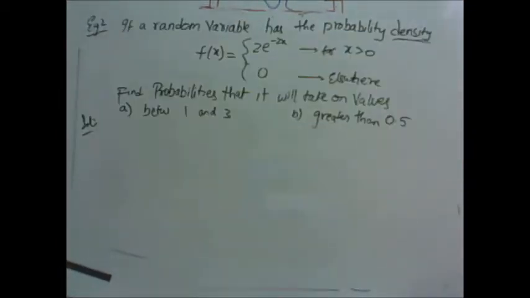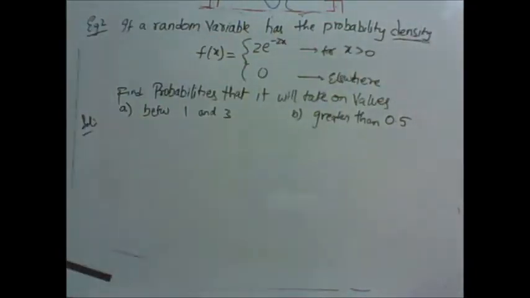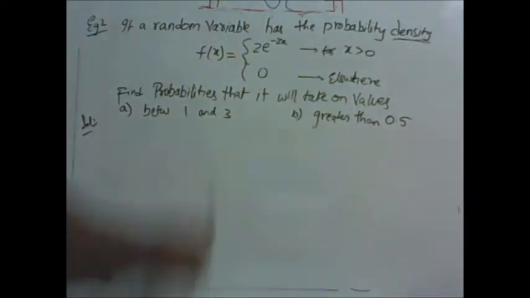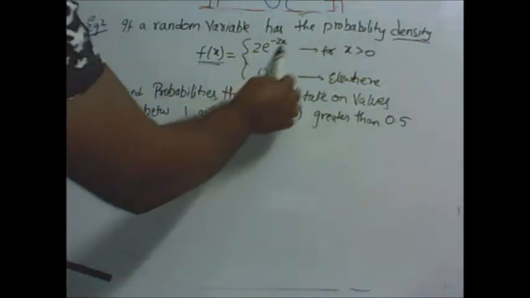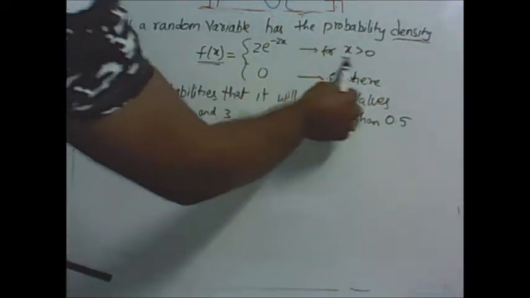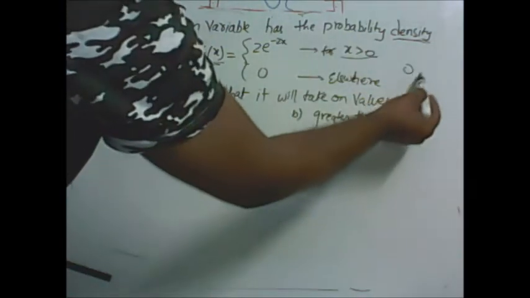Now coming to the next example. The question says a random variable has a probability density; he has given the word density. From this we can understand that it is an example of a continuous random variable. Even if the density value isn't given, he has defined f of x as a function of x, with the interval x greater than 0, that is, 0 to infinity.